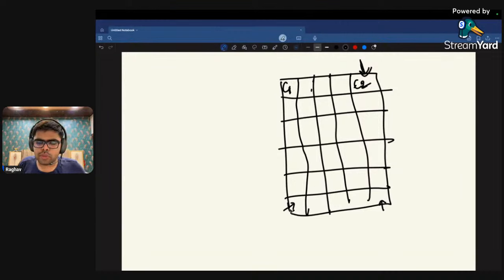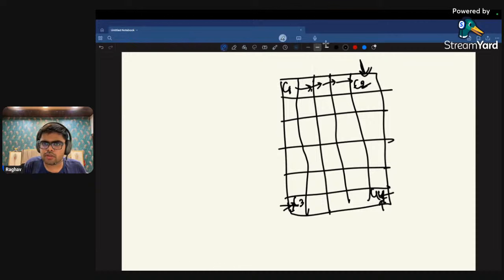I don't really need to fix these two now. You can fix them on the basis of their distances, but it's fine even if you just know about C1 and C2.